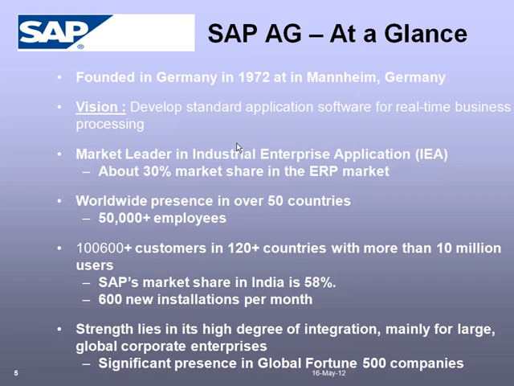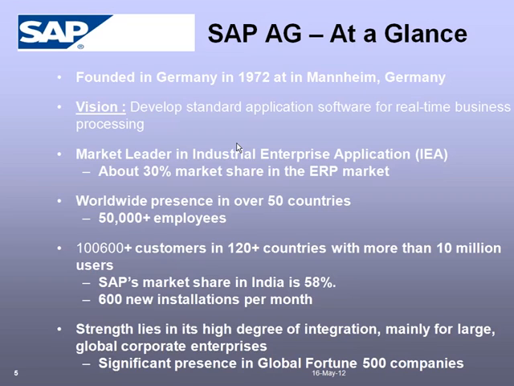That's SAP's strength. Why does everybody go for SAP? Why not the other ERP software tools? The basic reason is SAP's strength lies in its high degree of integration, mainly for large global corporations. Like I said, the integration between various modules, or between one company located in the UK, another in the US, maybe some other company in India.